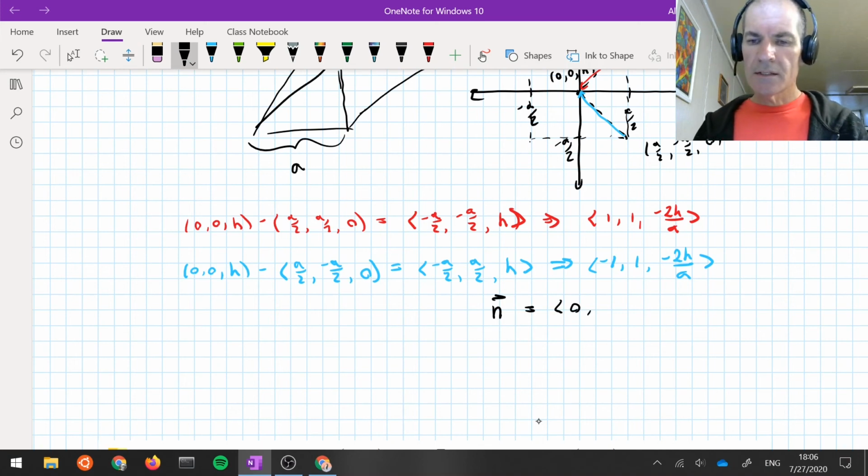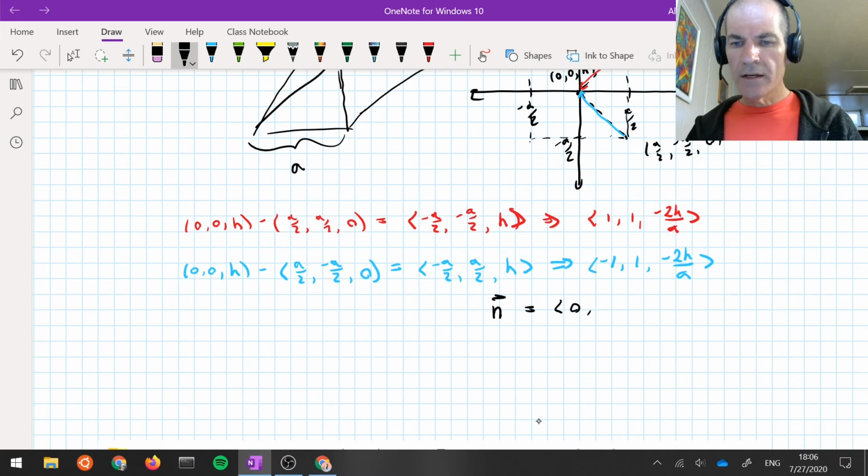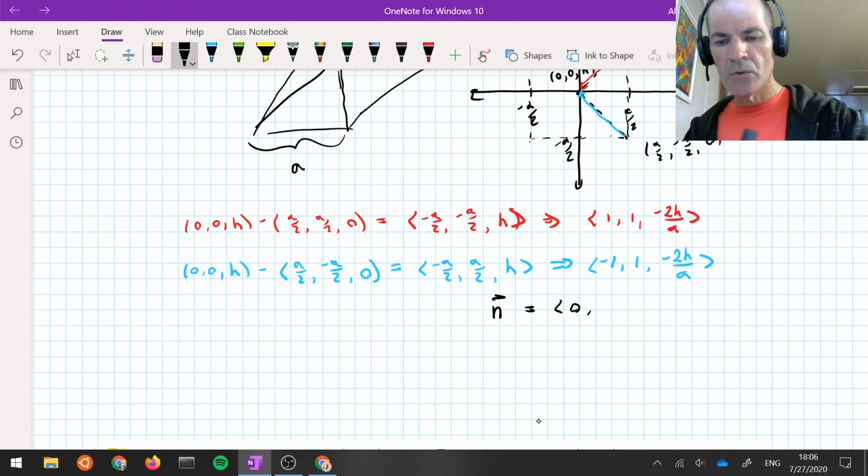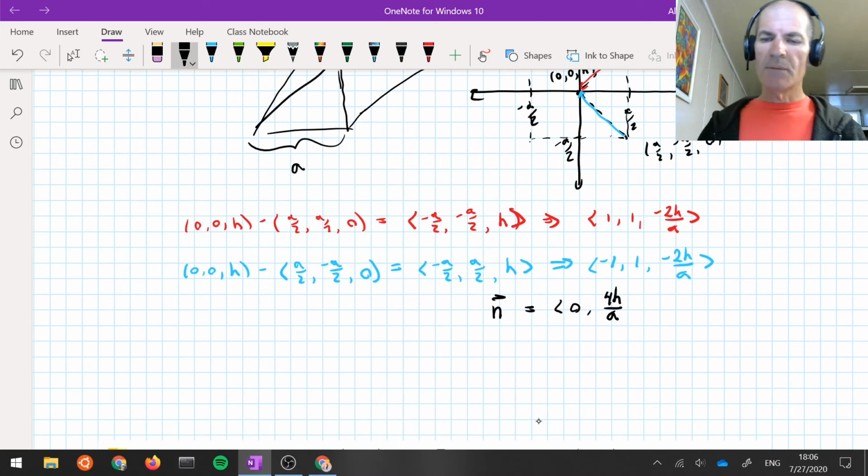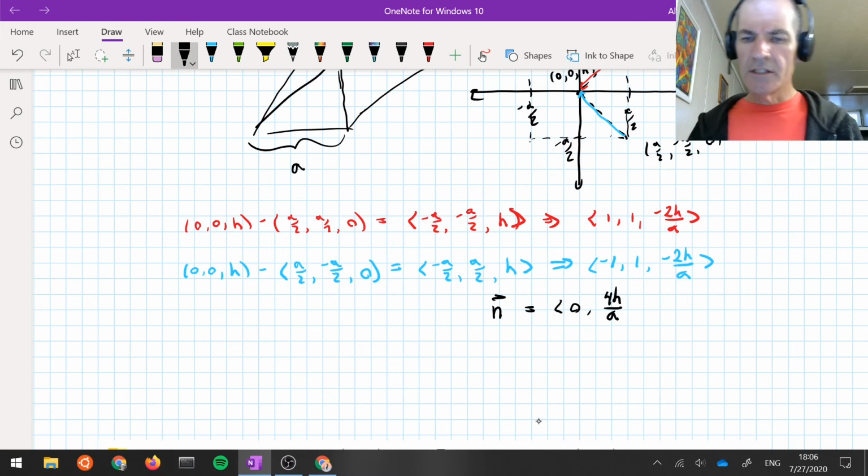In the second coordinate, we have -2h over a, plus minus 2h over a, so that's going to be what? Minus 4h over a, or don't forget the minus sign, so 4h over a. Let me just think about that for a moment here, make sure I didn't introduce too many minus signs. I think we're good there.